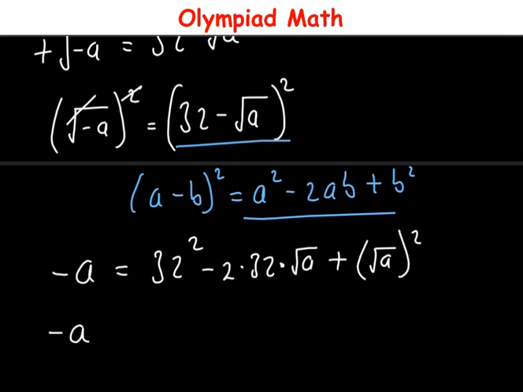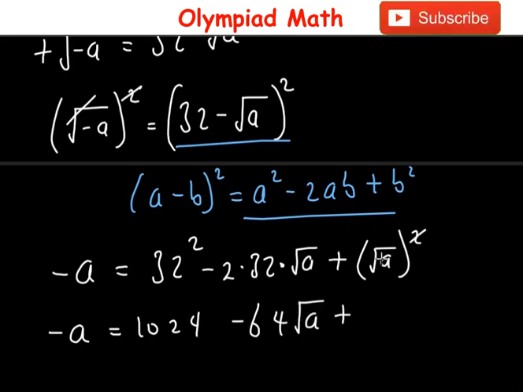So minus a is equal to 32 squared is 1024, minus 2 times 32 is simply minus 64 times root a plus square cancels square root, we have a.